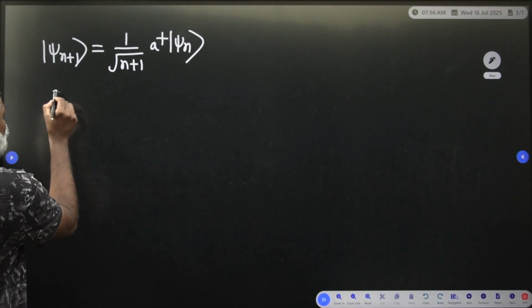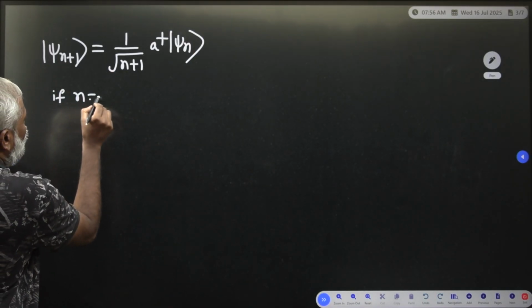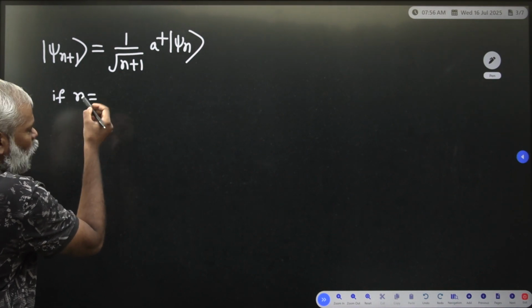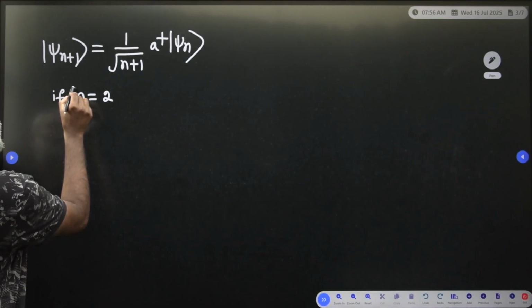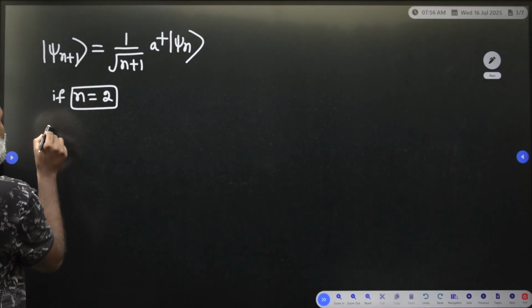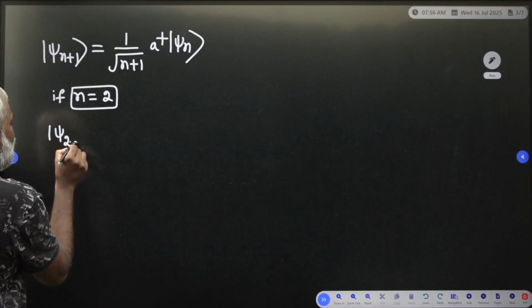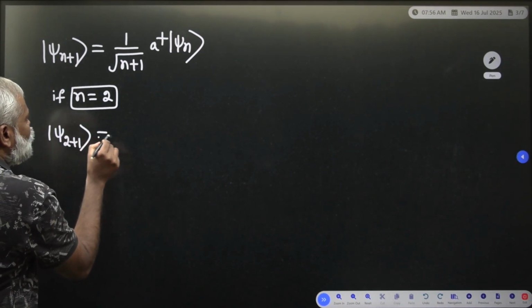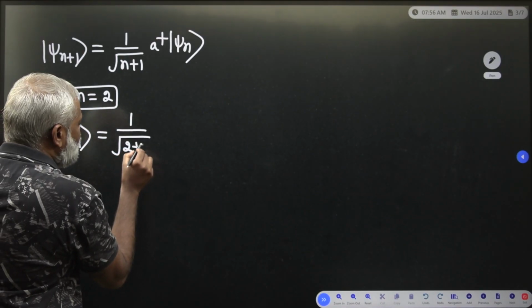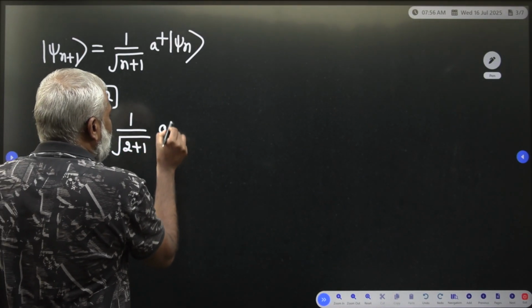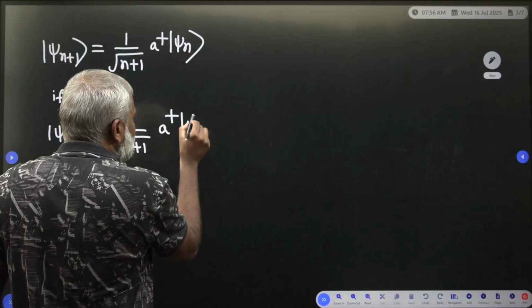Now, if we take n is equal to 2, what is going to happen? Ket psi 2 plus 1 is equal to 1 by square root of 2 plus 1 into a dagger ket psi 2.